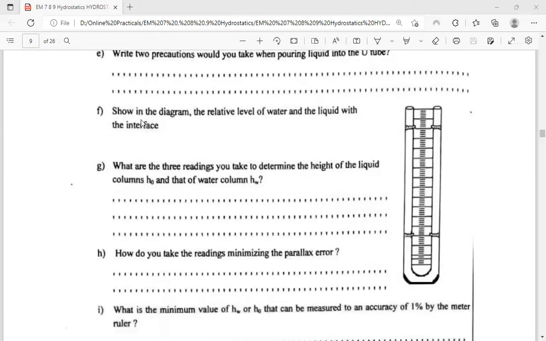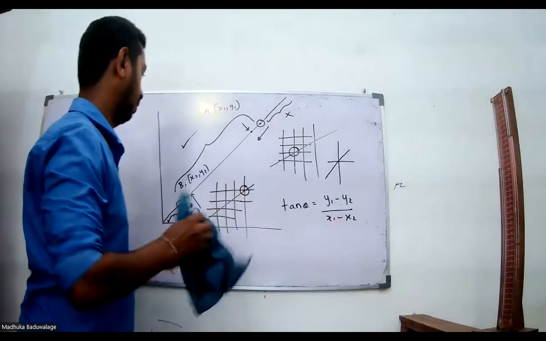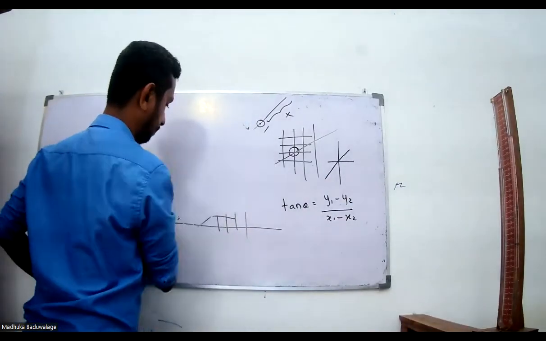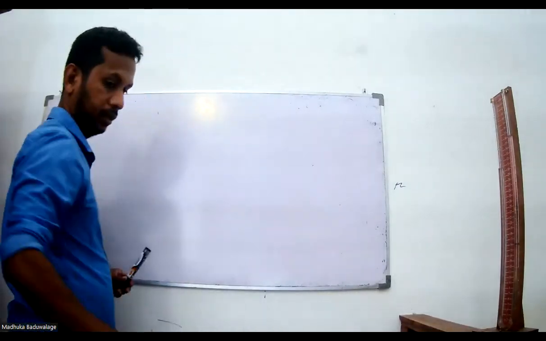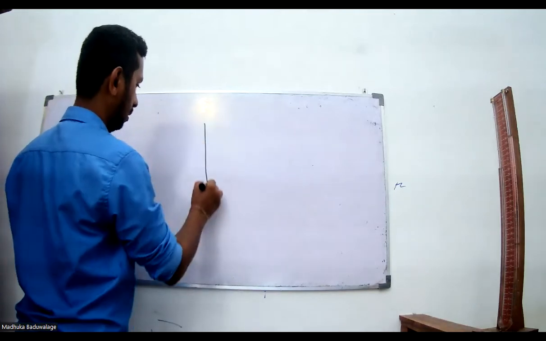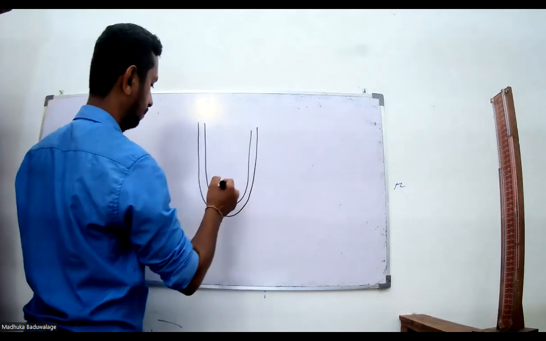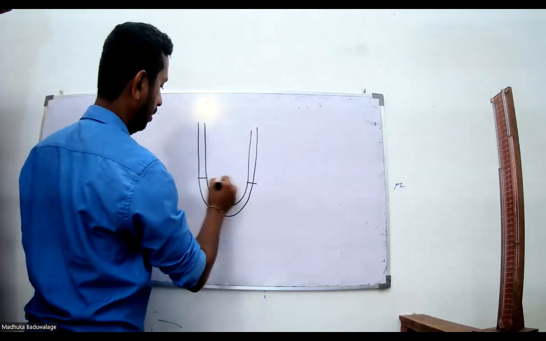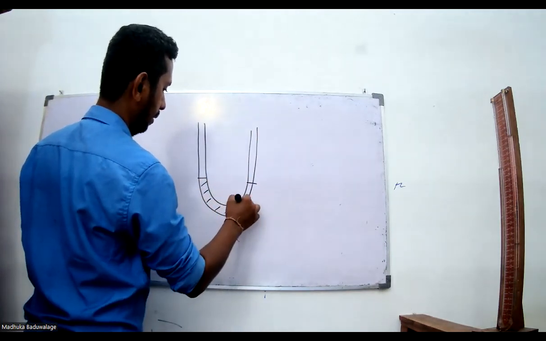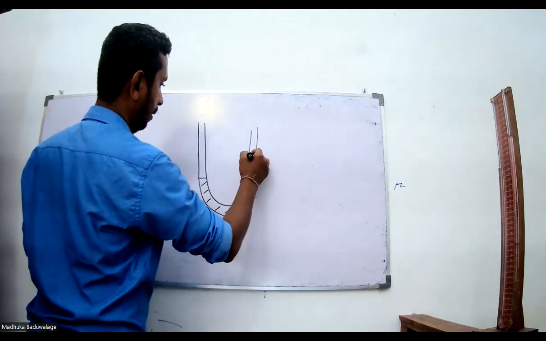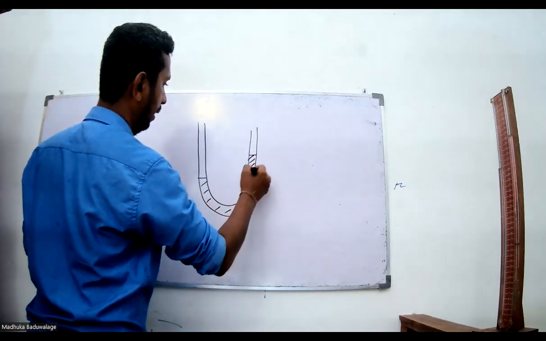In part F, it will ask to show the water level and the common interface. Some questions will ask you to represent the liquid level and common interface. So the question will indicate this is the initial liquid level.